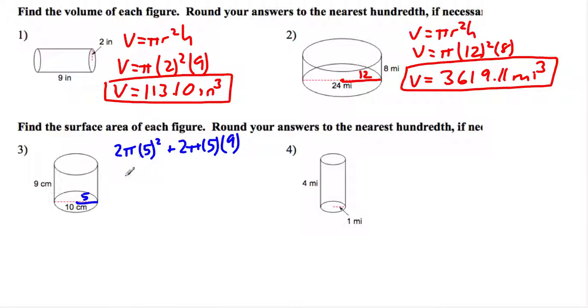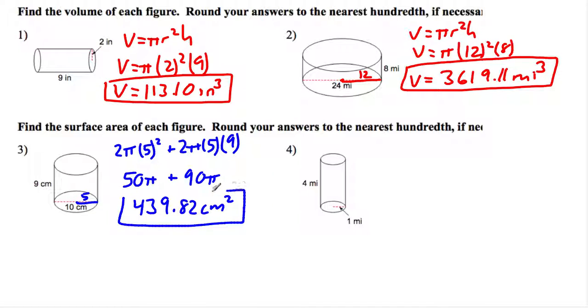So if I clean this up a little bit, here I get 50 pi. 5 squared is 25 times 2 is 50, so 50 pi plus 90 pi. So this is actually going to give me 140 pi. And so if I multiply 140 times pi, I get 439.82 centimeters squared. Again, this is centimeters squared because we're talking about surface area.